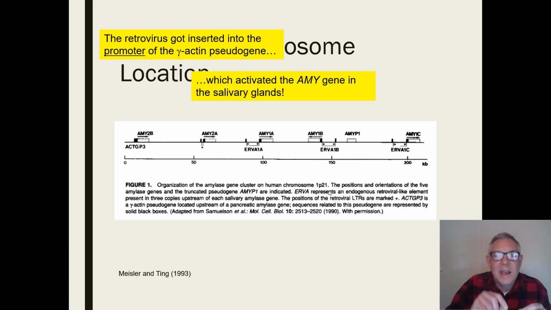And so now that mutated promoter turns on the amylase gene. But it just so happens that it mutated in a way that it turns it on not in the pancreas, but in the salivary glands. So isn't that interesting? How these things can happen in the DNA, and that's how new traits can evolve.